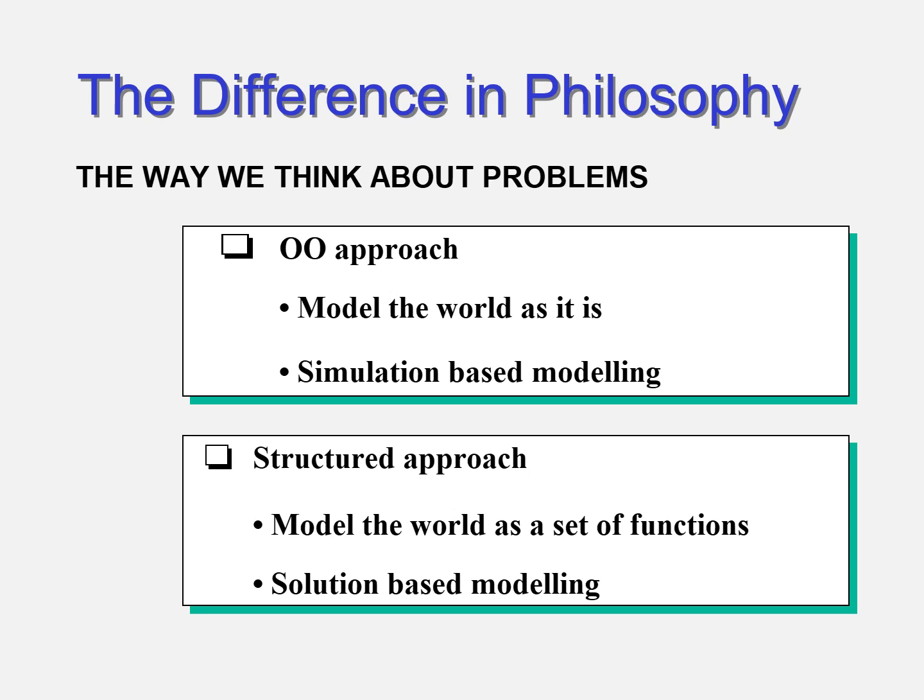So that is trying to model the world, using simulation-based modeling. And for the other one, the structured approach, it focuses on the processes, on the functions. The focus is more on getting the solution. You want to model the solution.